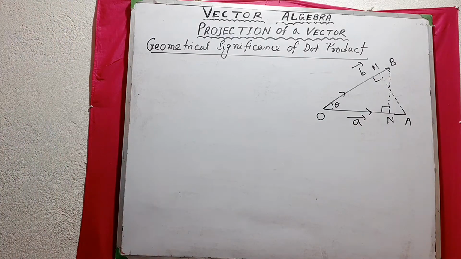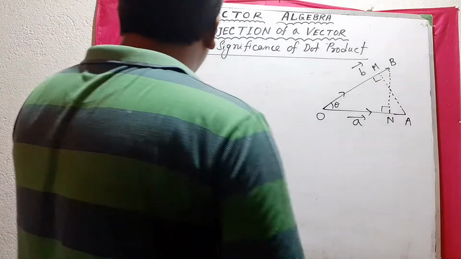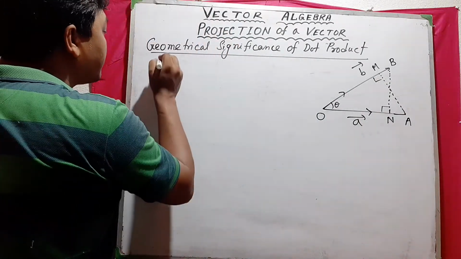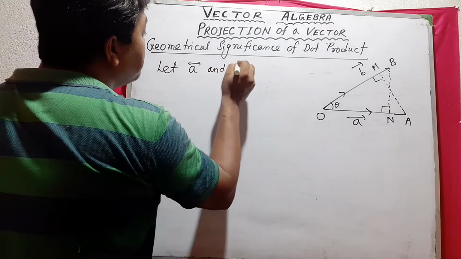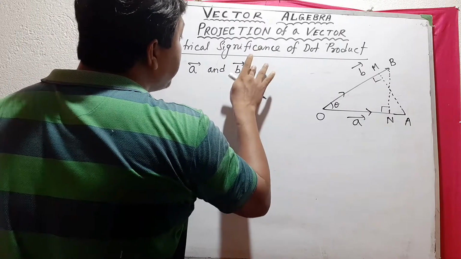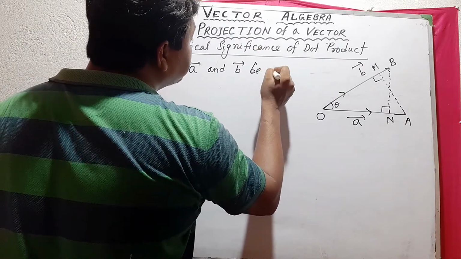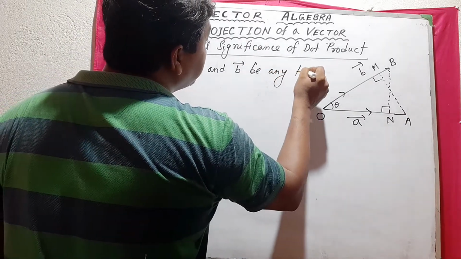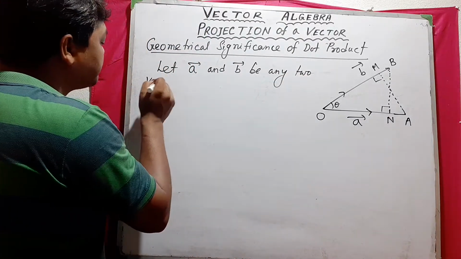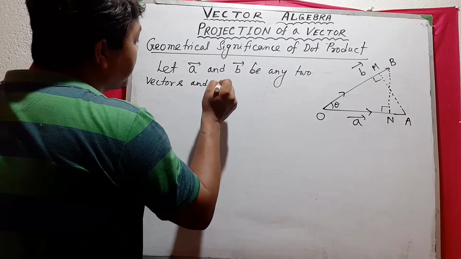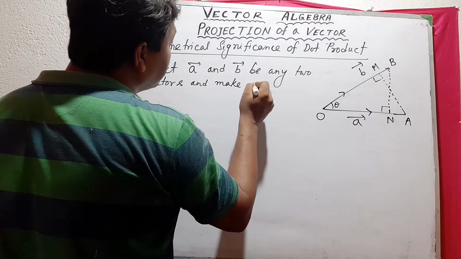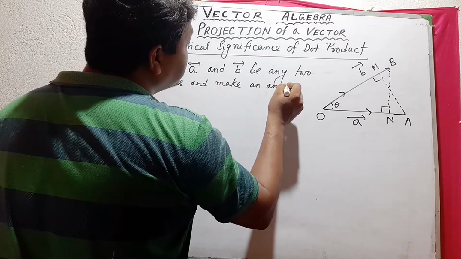So we are talking about the geometrical significance. Let A and B be any two vectors and make an angle theta.